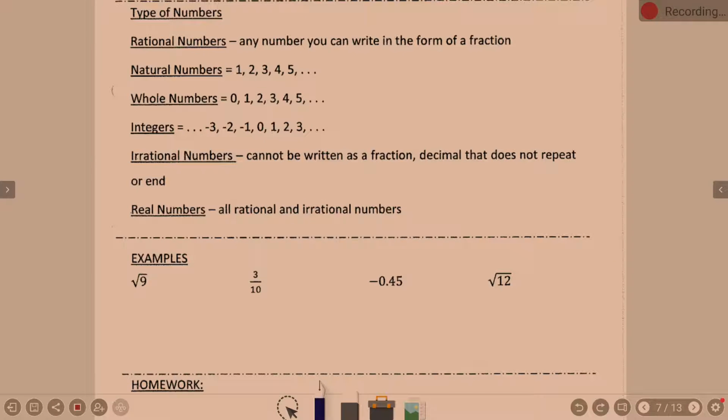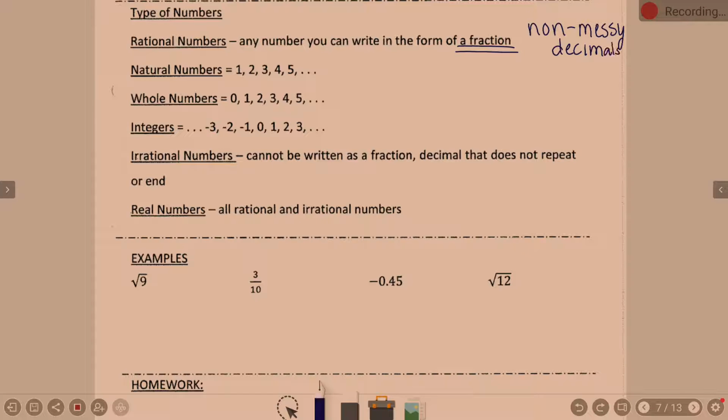What we were working on at the end of class was being able to classify numbers. We talked about rational numbers: any number you can write in the form of a fraction. One way I said it was non-messy decimals.